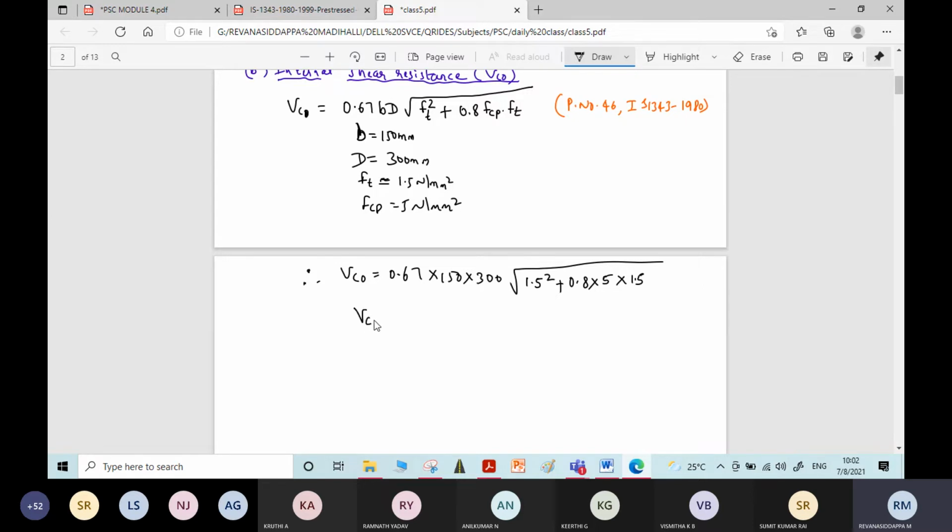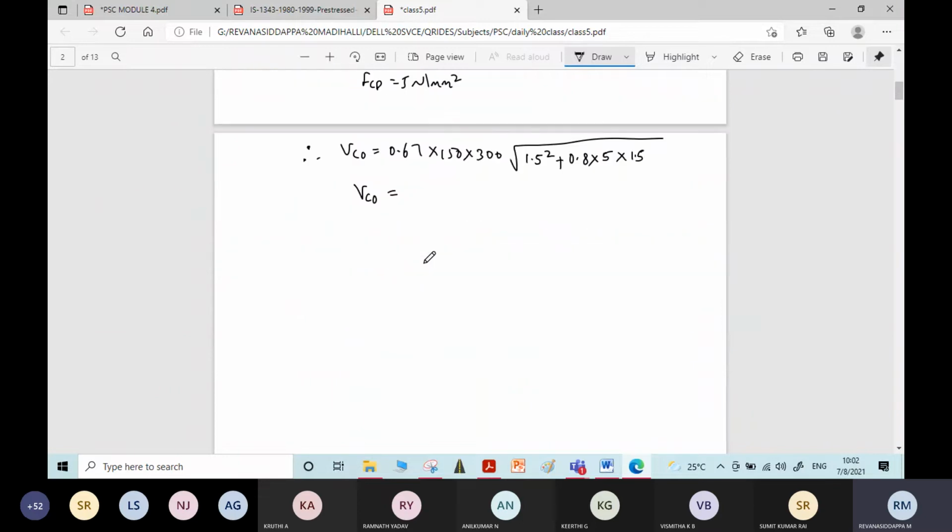So what is the shear resistance? Tell me. 86.59. Yes, 86.59 into 10 power 3 Newton, or VC naught is equal to 86.59 kilonewton.